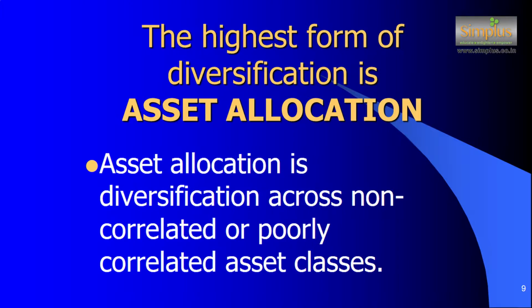We talk about diversification. There is one higher form of diversification, and that is called asset allocation. We'll come to the difference between the two, but first we'll look at this. Asset allocation is diversification across non-correlated or poorly correlated asset classes. To give you one or two examples: non-correlated asset classes, where there is a fundamental difference in the very definition of an asset.